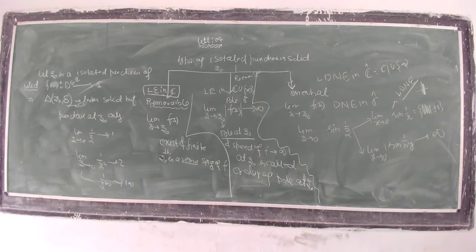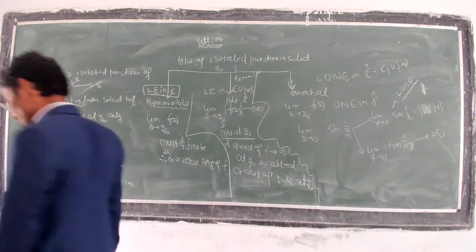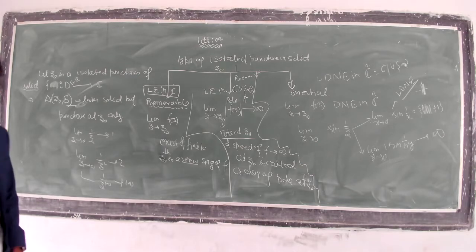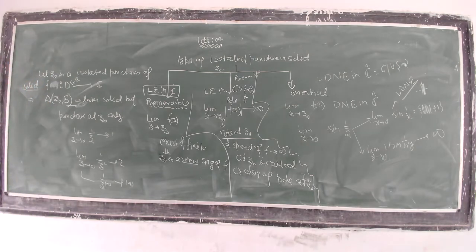So along one path you are going to infinity, along another you are not going to infinity. The limit does not exist. Okay? Is it fine to everyone? Any doubt there?